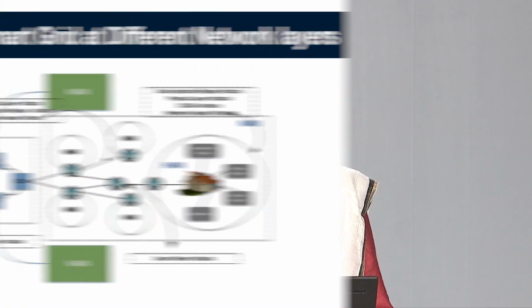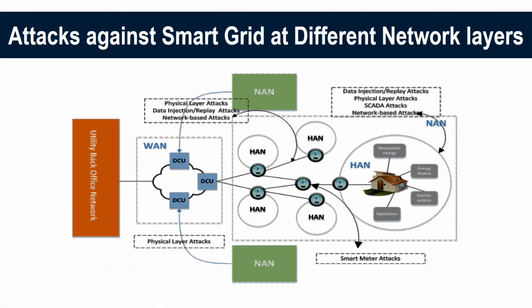Now look at a case where the smart grid can be attacked at different network layers. If you see this diagram, you will see a home area network, a wide area network, and a neighborhood area network. In each network, different kinds of attacks can come in. You see data injection to the smart meters, replay attacks, and physical layer attacks. In the distribution system, it can also get into SCADA attacks.